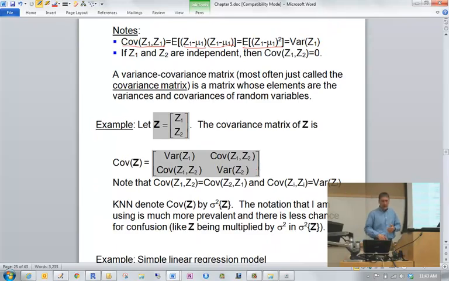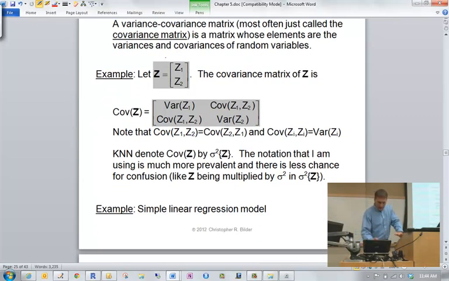Okay. Now, where we are going to see covariances now and for the rest of the course is in what's called a covariance matrix. We're going to see lots and lots and lots of these. Let's define the matrix. Suppose, again, we have two random variables, Z1 and Z2. We put them into a vector. So we have a 2-by-1 vector.